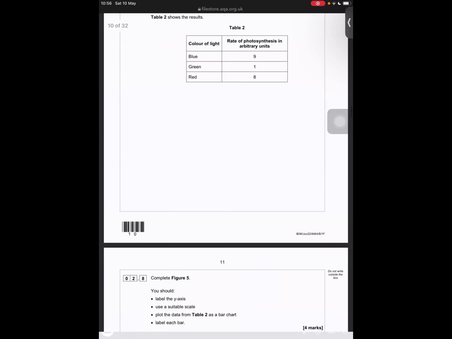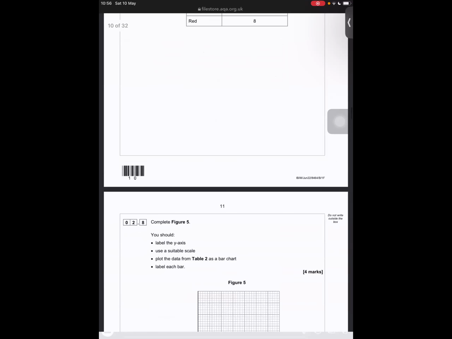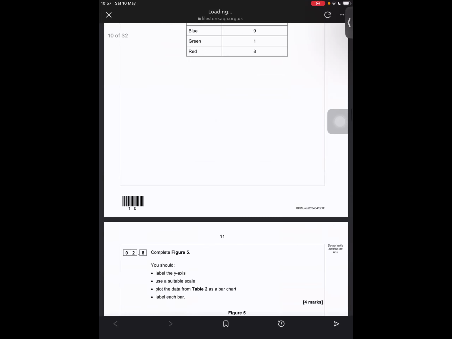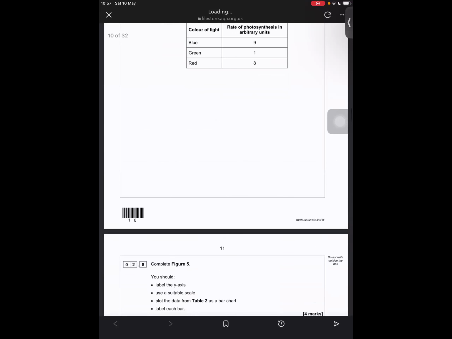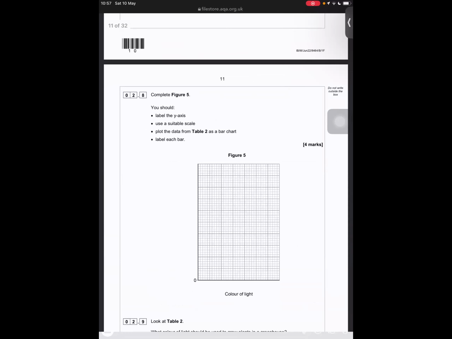Colors would be the x-axis, and the rate of photosynthesis would be the y-axis. Perfect. I agree with you because a bar chart needs something that shows different levels, to show the different heights of bars, and that can only be afforded by the rate of photosynthesis, which is a number.